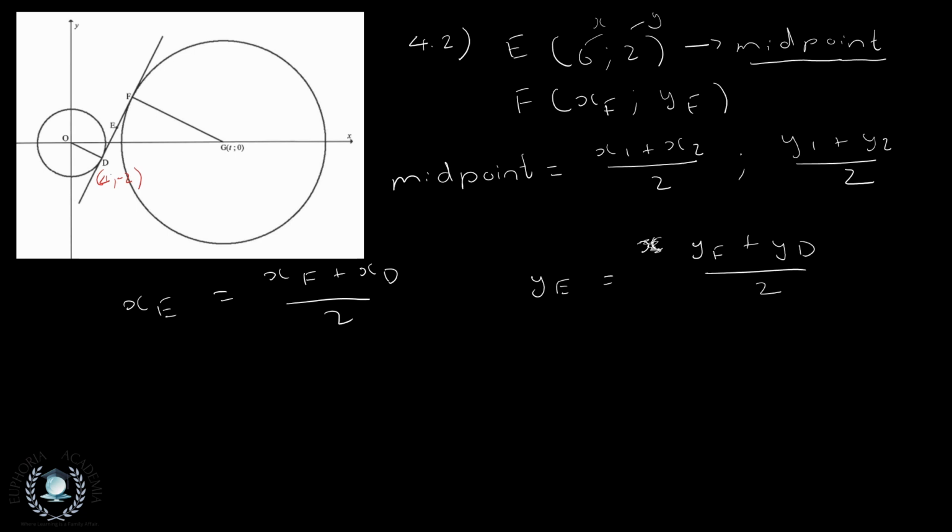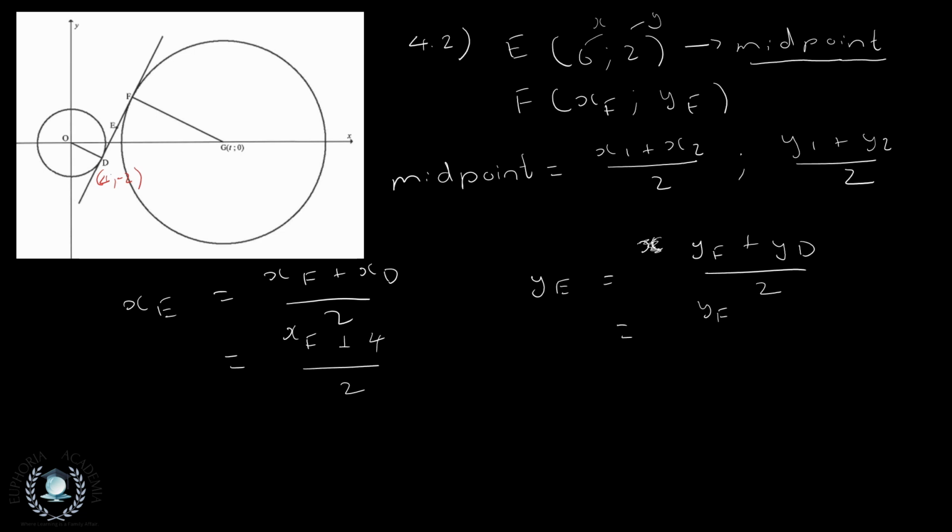Now we're just going to substitute what we have. We still need to find xF, but we do have point D, which I have written on the diagram, like I said, we almost always do. Now we're going to do the same for the yF, that's what we're trying to find.